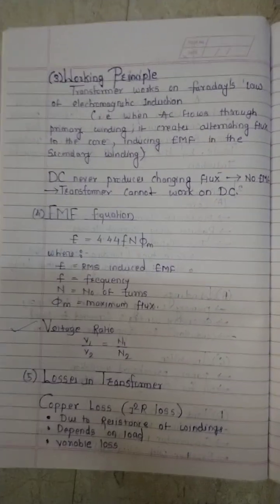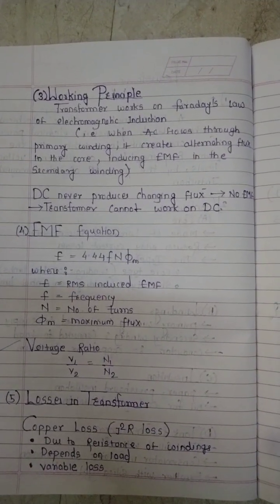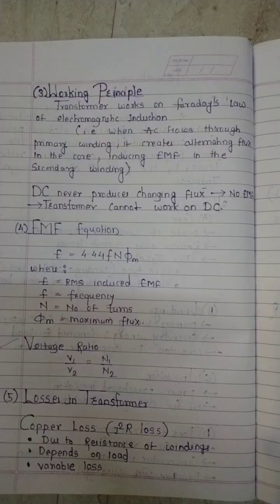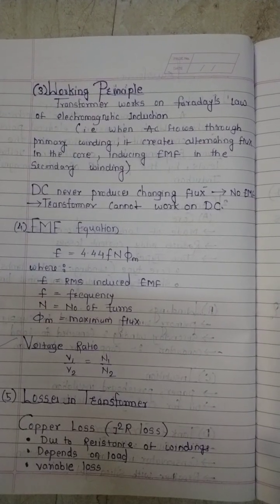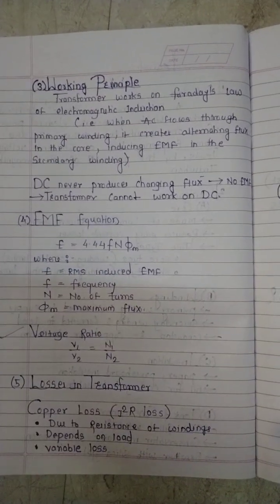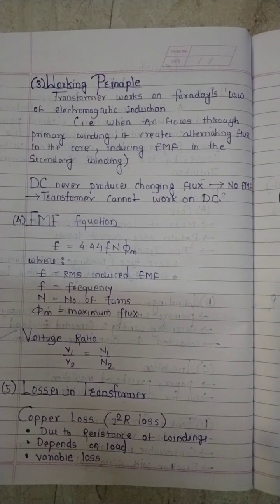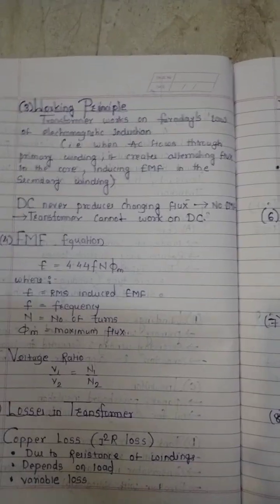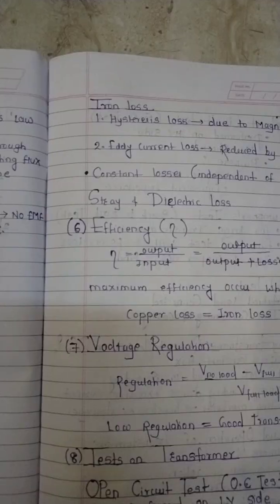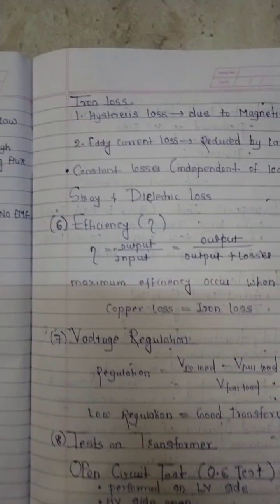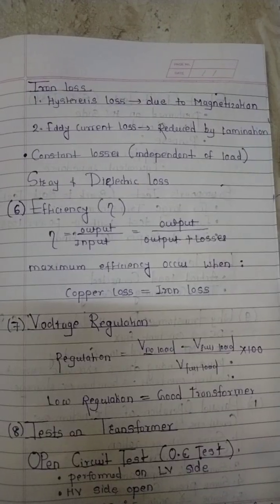Losses in transformers. Copper losses, that is I square R loss, due to the resistance of the winding, depend upon the load. It is also called a variable loss. Iron loss: iron losses are of two types.